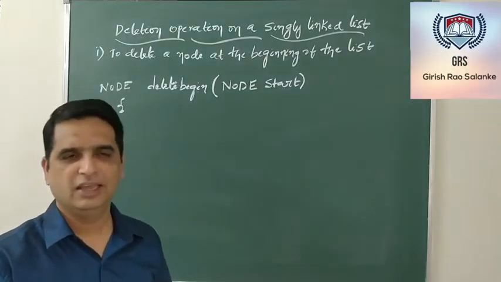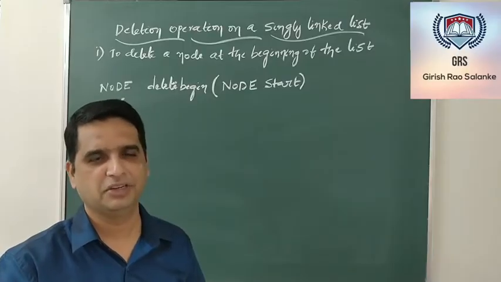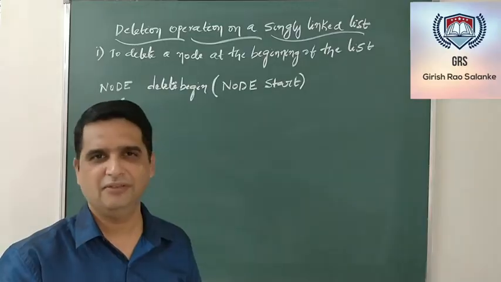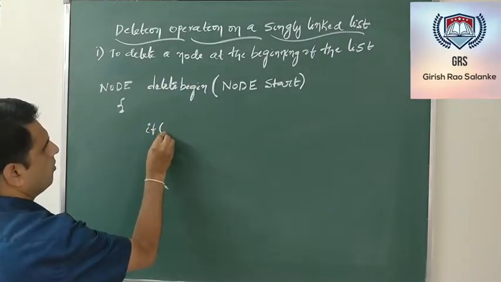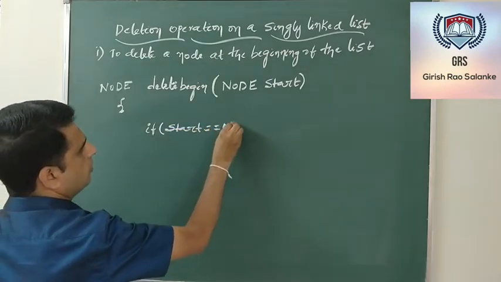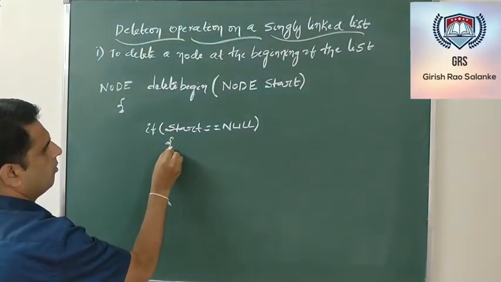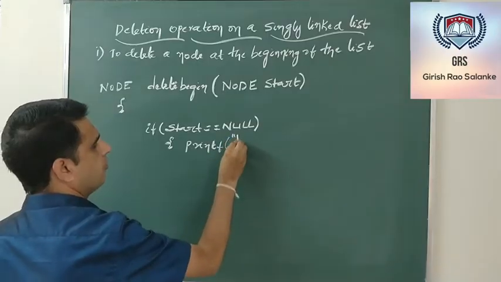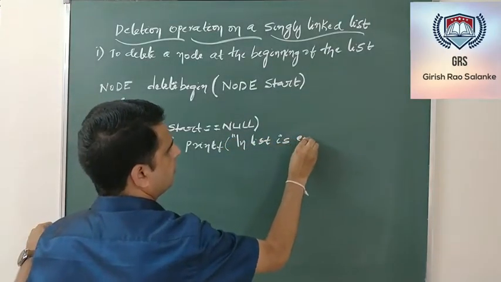Now, as we know, if the list is empty, it is not at all possible to perform a deletion operation. How to check whether a single linked list is empty or not? Just check if start is having none, the list is empty. If start is equal to none, printf list is empty.